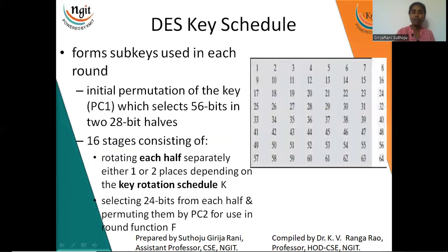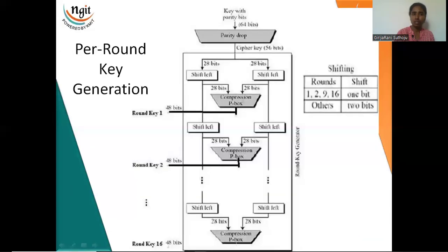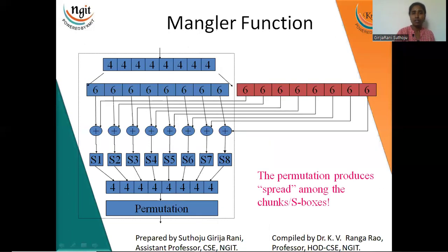Next one is the Mangler function, where we discuss the expansion and also the S box. The Mangler function is nothing but what we have done in this slot: expansion, then XOR, and S box.